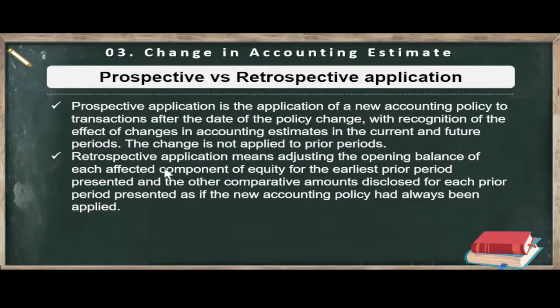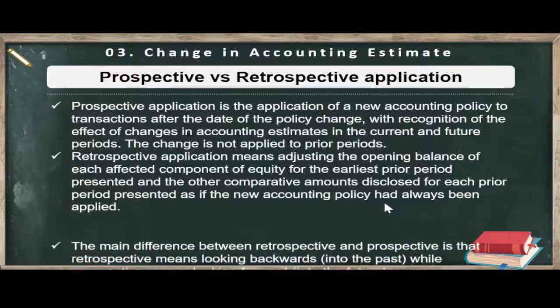On the other hand, if it is retrospective application, this means that you have to adjust the opening balance of each affected component of equity for the earliest prior period presented and the other comparative amounts disclosed for each prior period presented as if the new accounting policy had always been applied.